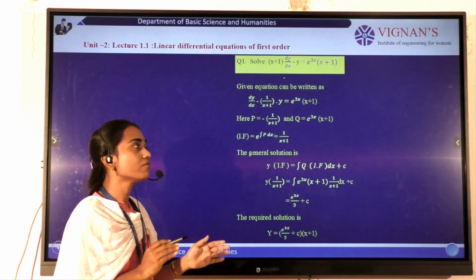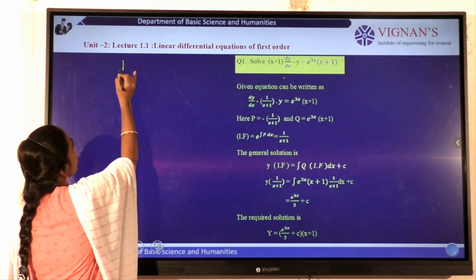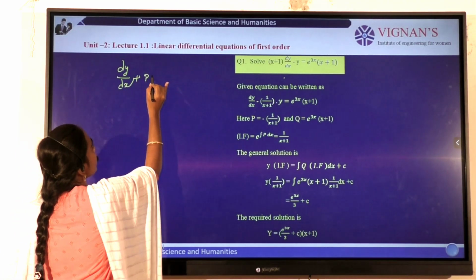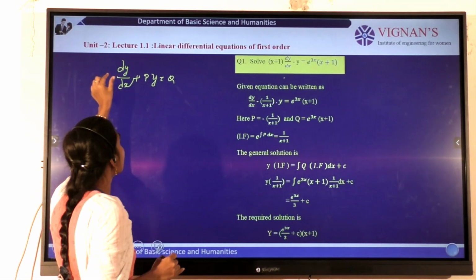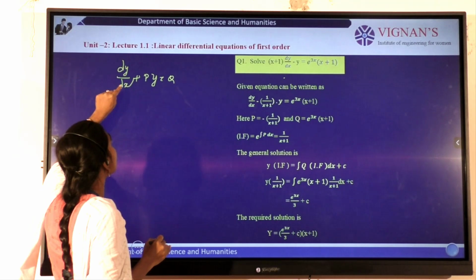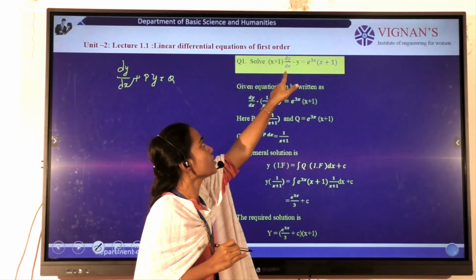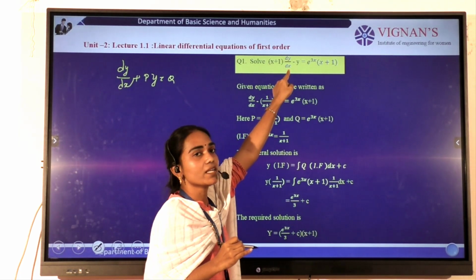First we have to convert this question into the general form. What is the general form of linear differential equation of first order in y? Dy by dx plus p of x into y is equal to q of x. So we need to convert the given question into this form. For that there should be no term before dy by dx, but in the question we observe that x plus 1 is a term before dy by dx.